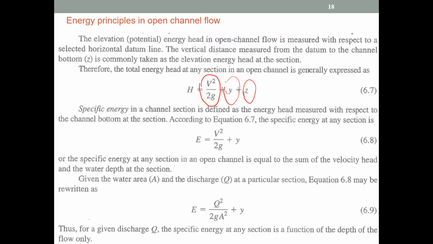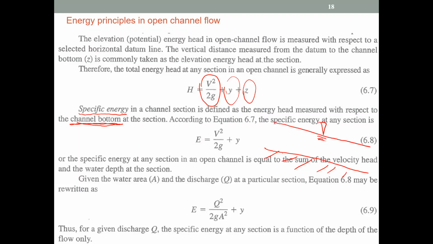Now we define a term called the specific energy, which is with respect to the channel bottom. So we consider the channel bottom as the datum. Let's say this is the longitudinal section of the channel, and this is the water surface.